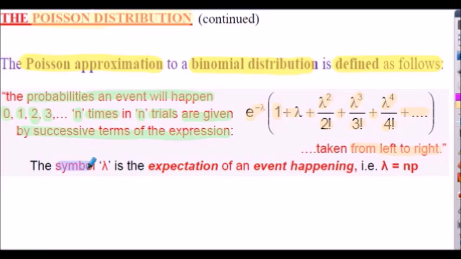Note that symbol lambda is termed the expectation of an event happening. So lambda is equal to n, the number of trials, multiplied by p, the probability of an event occurring.